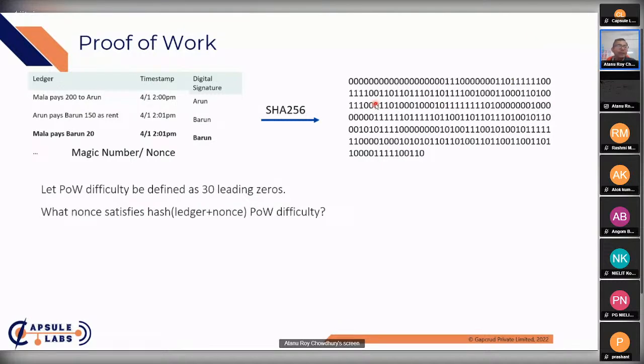When we talk about Bitcoin mining rigs, these are GPU-intensive computing devices, and what they are doing is trying to calculate this magic number, the number such that the output matches a proof of work difficulty, right?